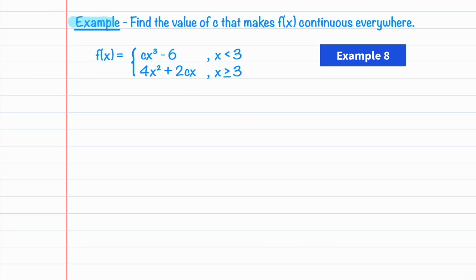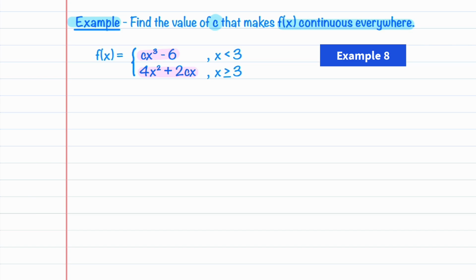We're going to now look at an example where we're asked to find the value of a constant c that makes f of x continuous everywhere. The first piece of our function and the second piece of our function are both polynomials, which means they are going to be continuous everywhere.